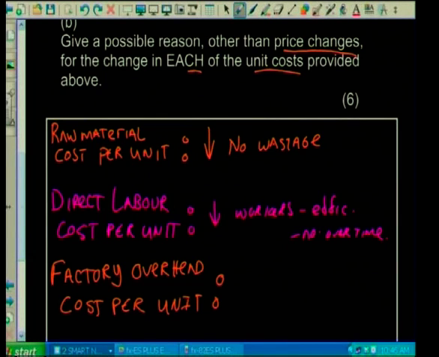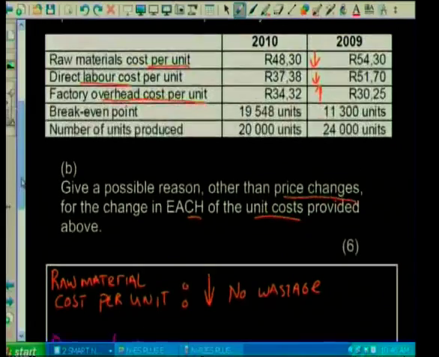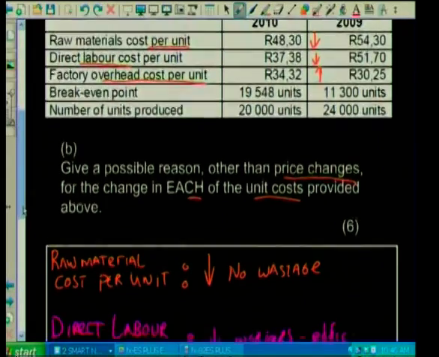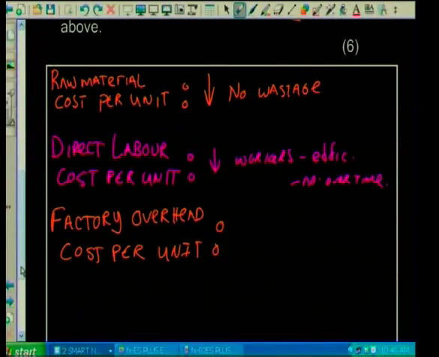Okay, right, let's now look at the final unit cost, which is my factory overhead costs per unit. Again, people, if I inspect 2009 and 2010, there's obviously been an increase in my factory overhead costs per unit. One of the reasons why this could have increased, remember, you had water and electricity that formed part of your factory overhead cost.